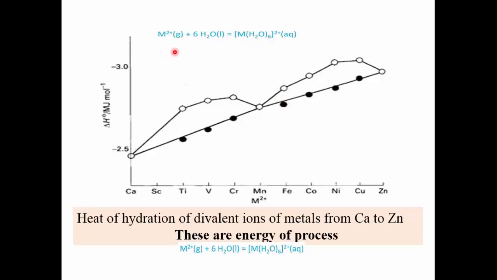This is the equation showing how heat of hydration is released. Metal ions in gaseous form, when reacted with water molecules, form the aqueous complex, and at that time energy is liberated, which is called heat of hydration. In this way, this is about the evidence for crystal field stabilization.